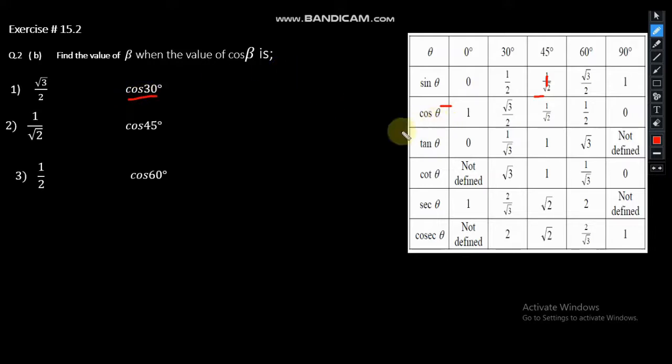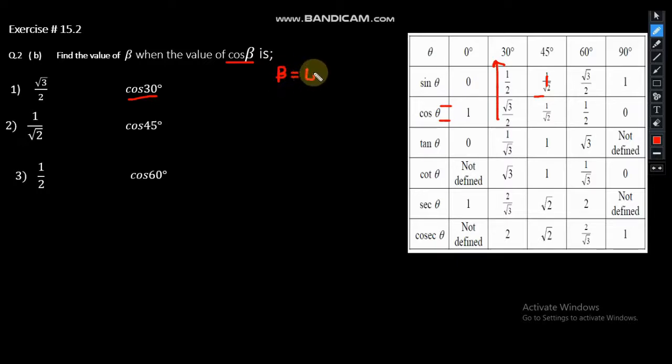When we find the value of cos theta in the column, here at 30 degree, it is equal to root 3 upon 2. Now cos beta means theta.